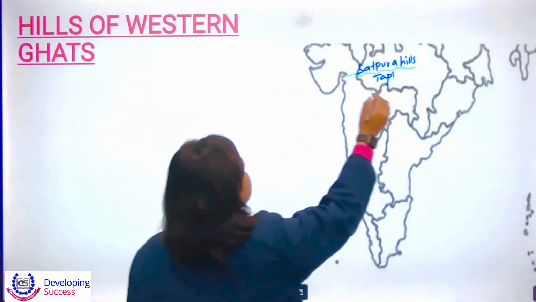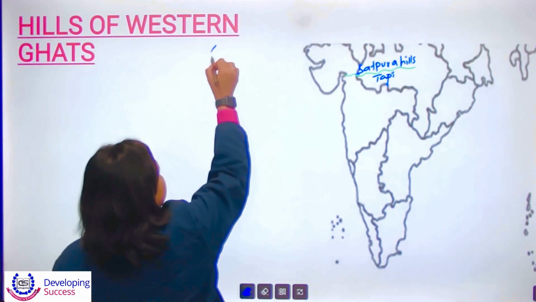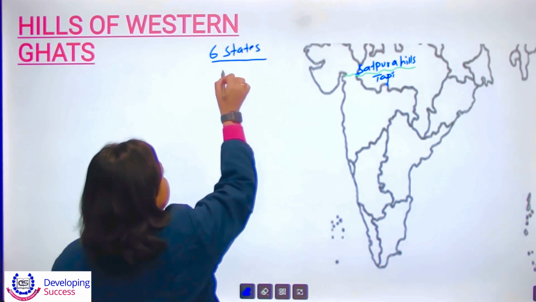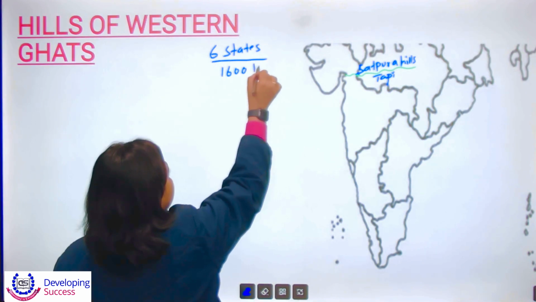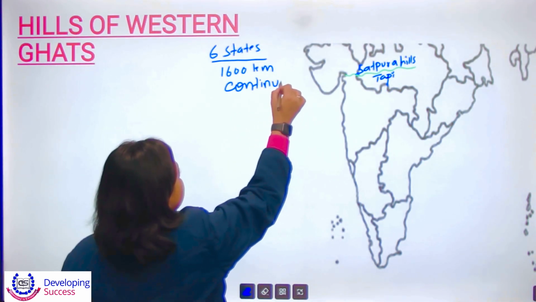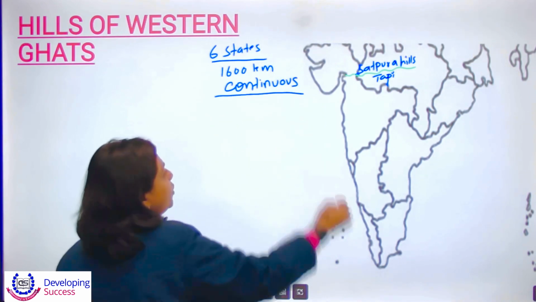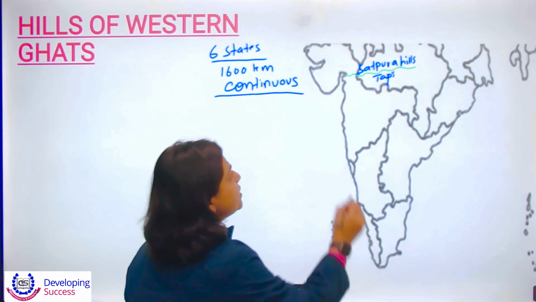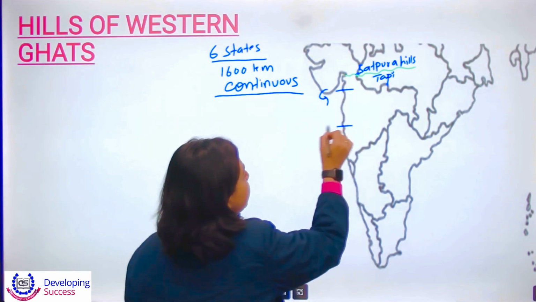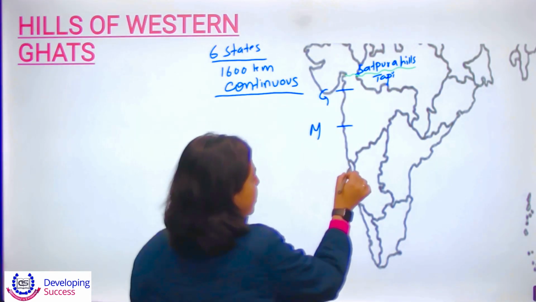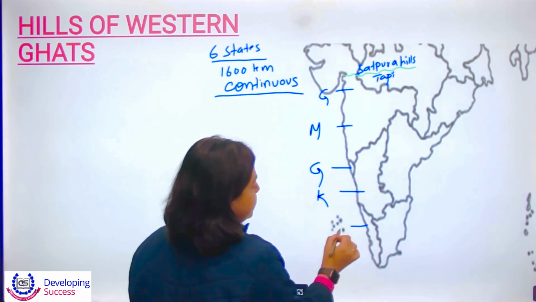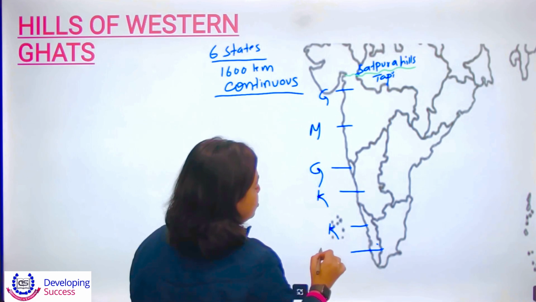So in how many states are the Western Ghats present? We have 6 states. Through 6 states, 1600 kilometers long, they are continuous mountain ranges. They don't have any kind of discontinuity. The first state is Gujarat, then Maharashtra, then Goa, next is Karnataka, next is Kerala, and also Tamil Nadu.